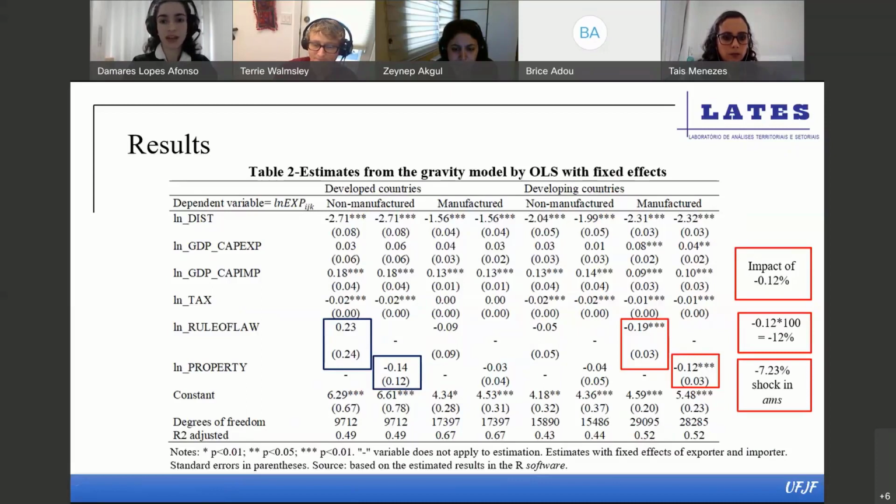For achieving a 12% drop in manufactured exports of developing countries, we applied a negative shock of 7.23% in AMS variables. The shock was applied on manufactured exports of developing countries to all GTAP regions: developed countries, developing countries and rest of the world.